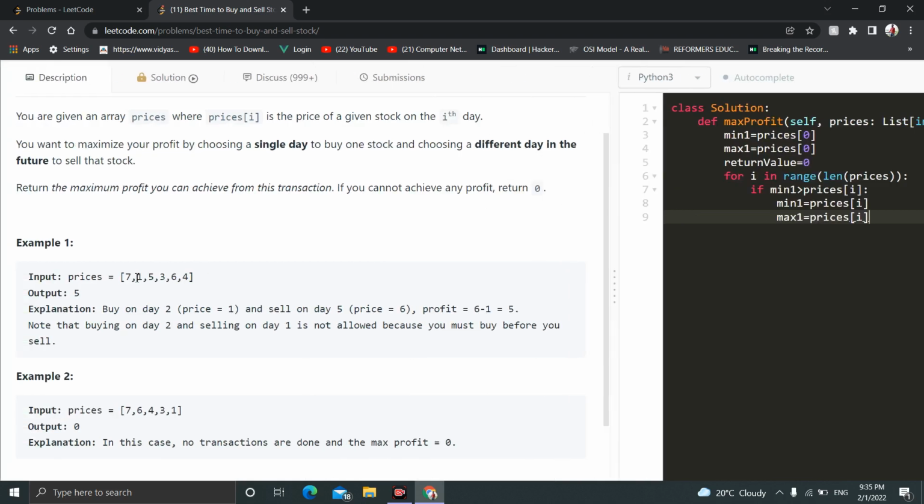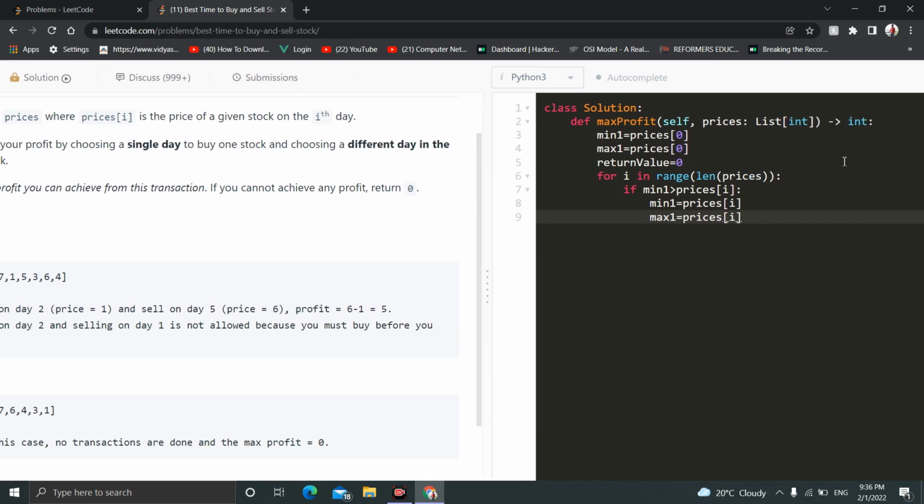Because if I come to 1, then I have got a lesser value than 7, and also I have to initialize my max value with 1 as well, because I cannot leave it as it is, since max has also acquired the 7 value. So I have to reset it as well.